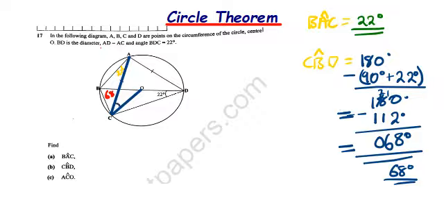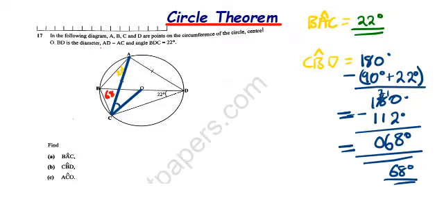Now one thing that you have to understand is this property of having the diameter. Since we are having a diameter, let me just highlight the angle that I'm trying to talk about with the property.